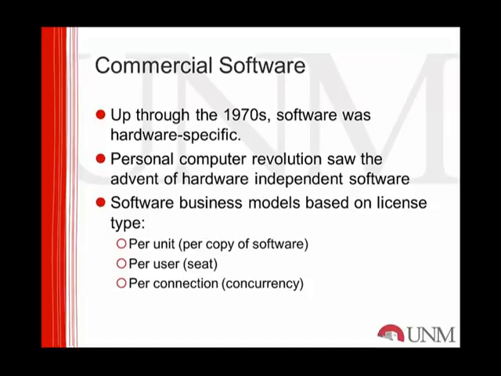And up till the late 1970s or early 80s, most software that was produced was hardware dependent, meaning that the hardware was designed and constructed first, and then the software was architected to run on a specific piece of hardware.